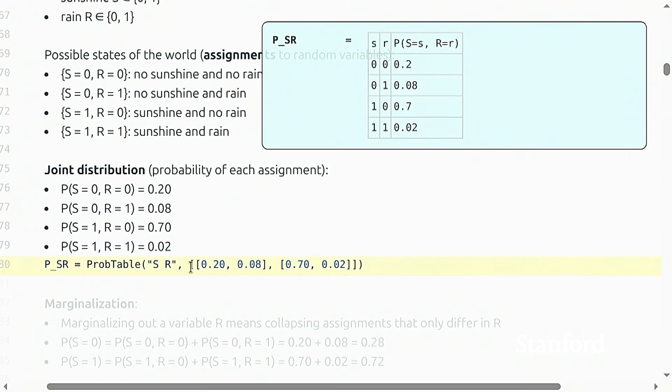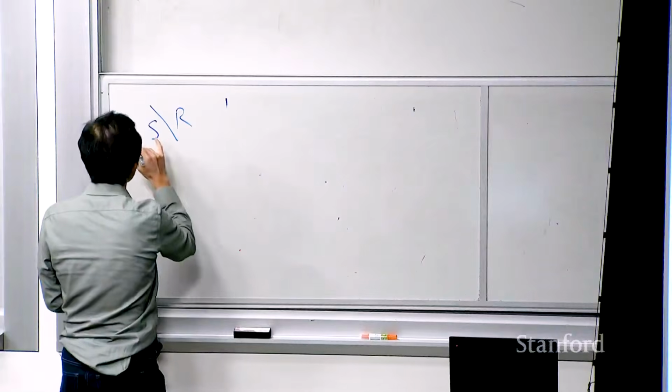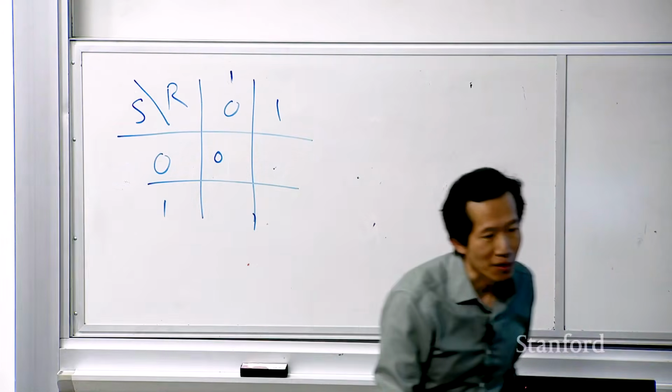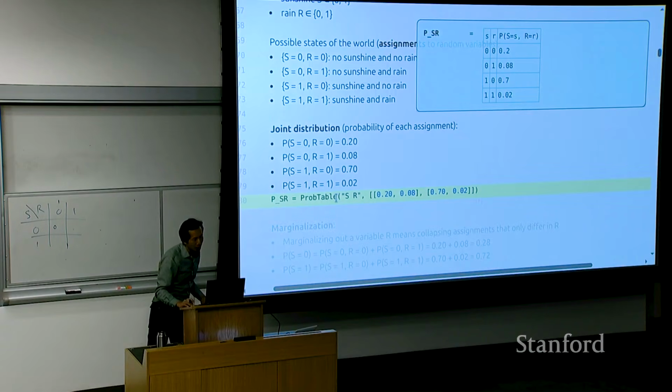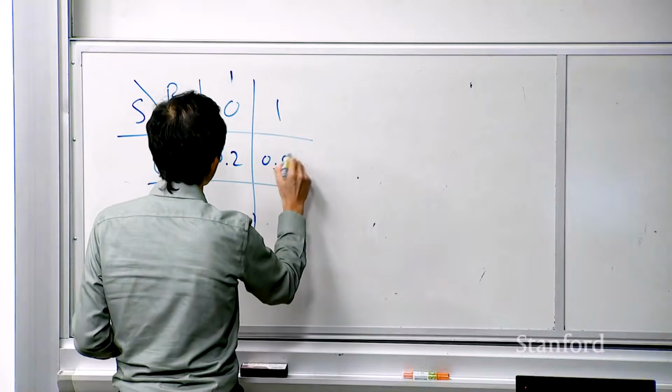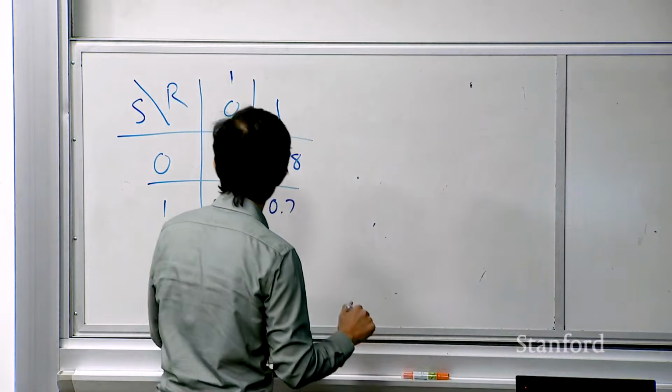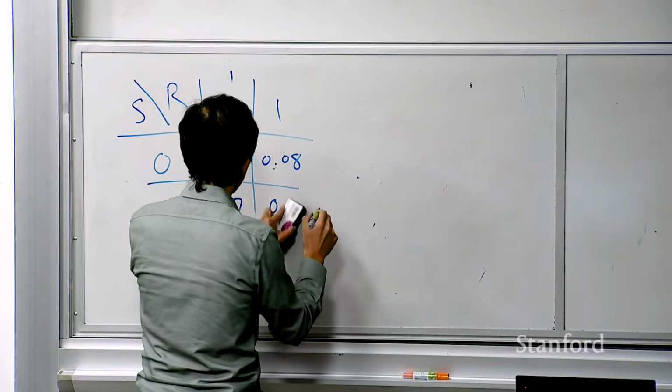This NumPy array is a matrix, and the first axis, meaning the rows, are the values of S, and the columns are the values of R. Just to be very clear about this, you have S and R, 0, 1, 0, 1, and the values are 0.2, 0.08, 0.08, 0.7, 0.02.